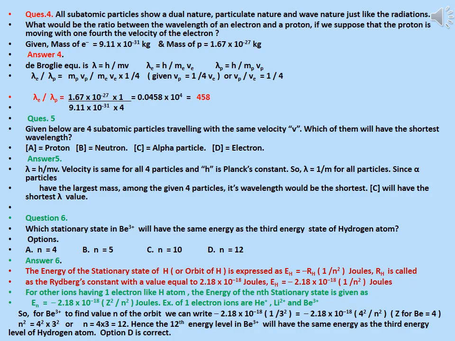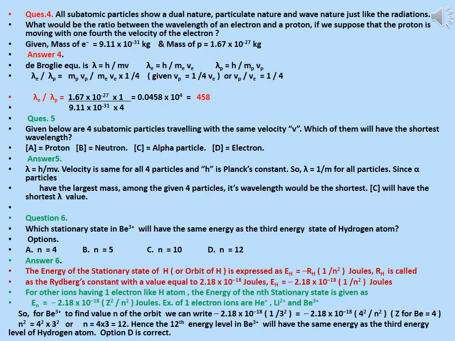So the ratio between the mass of proton by mass of electron into 1 by 4 is found to be 458. So lambda E by lambda P is 458.